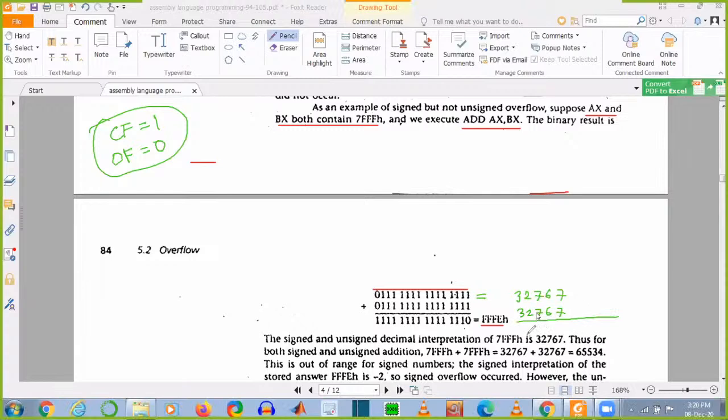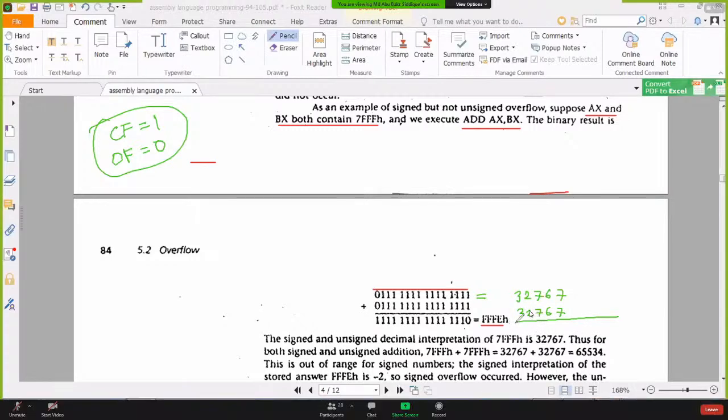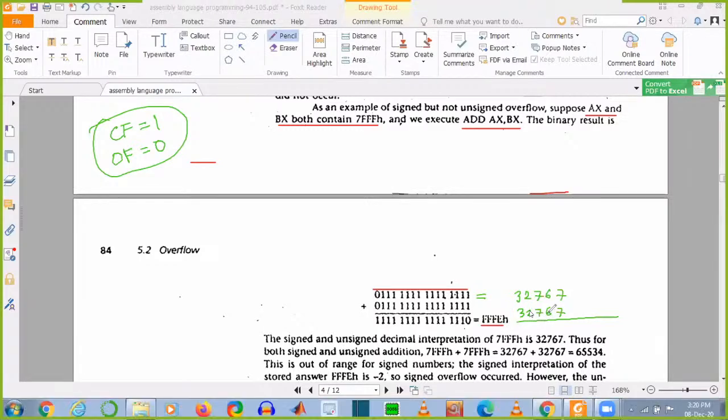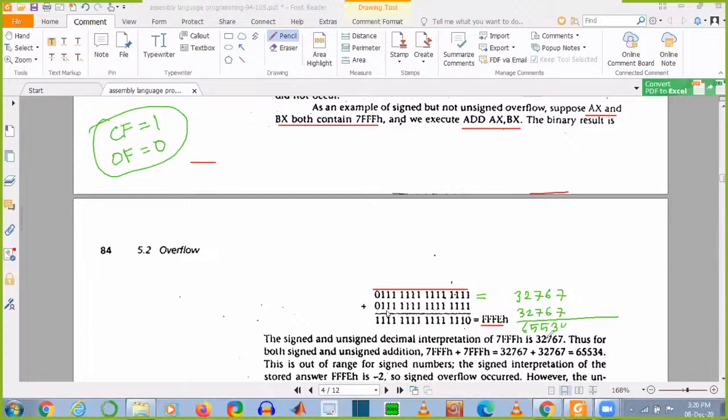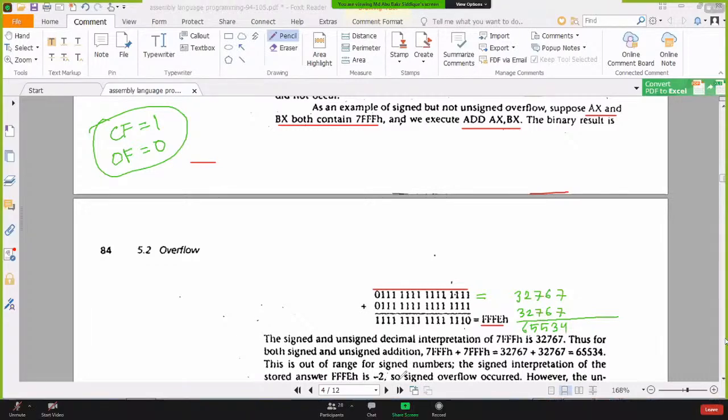If we add those, what is the value in decimal? 65534. So what do you think? Is 65534 out of the unsigned range or within the unsigned range?